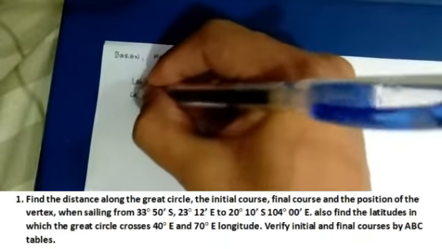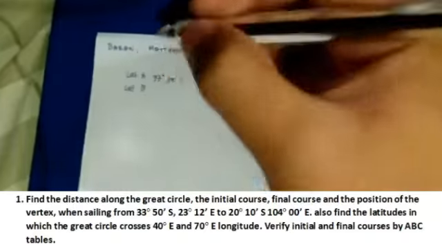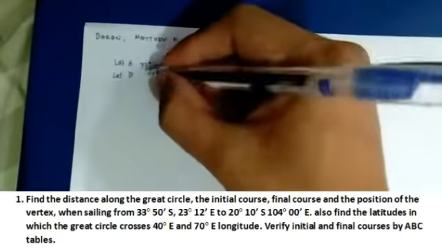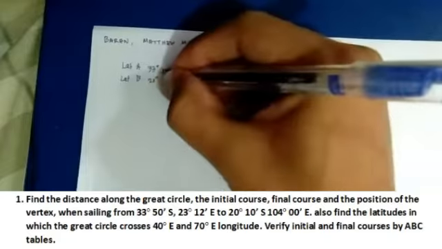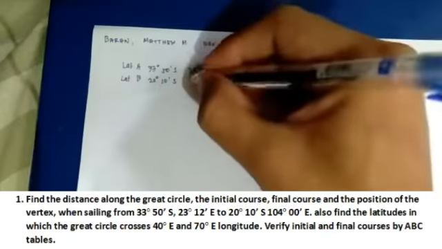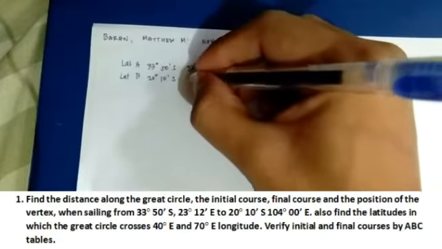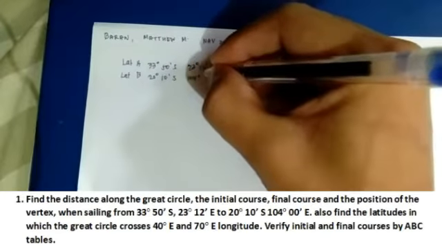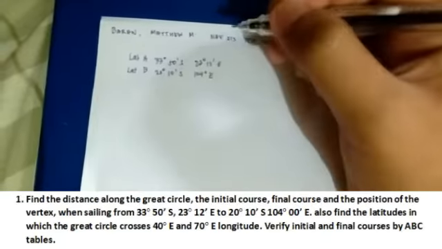And we also have the latitude B, which is 20 degrees and 10 minutes south and 104 degrees east.